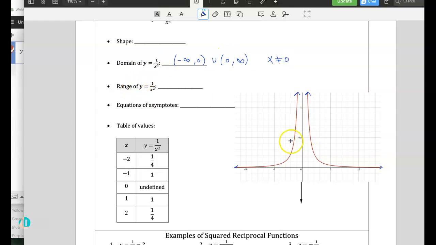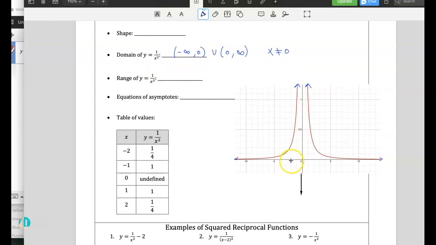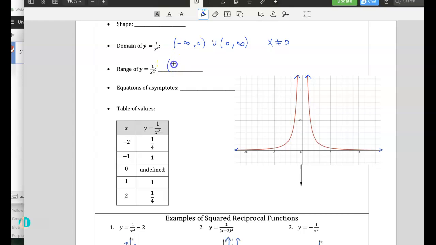And the range is now going to be from 0, not including 0, because it never actually gets to 0, just gets really, really small, to infinity, right? Because there are no negative numbers that can be outputted because of the square. And the asymptote here, well, there are two asymptotes.